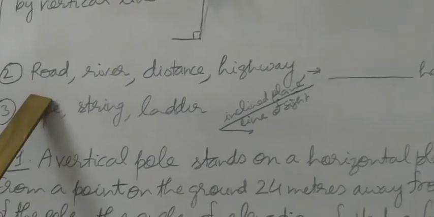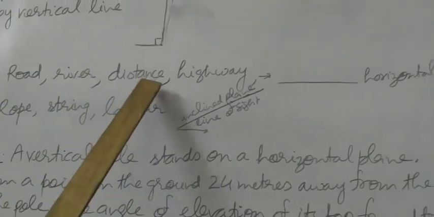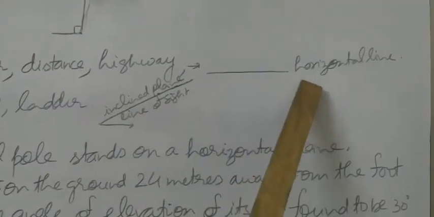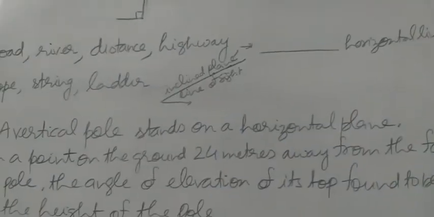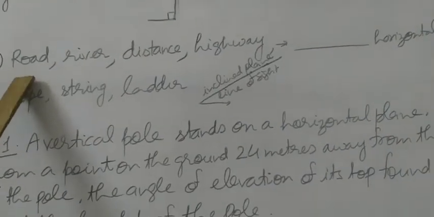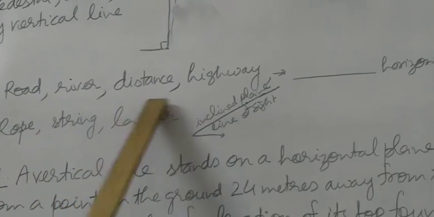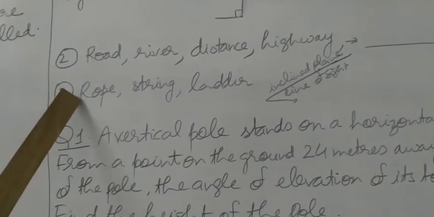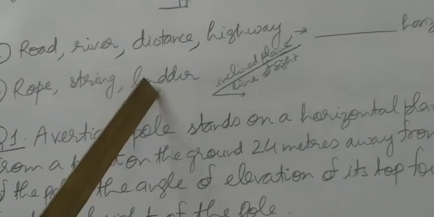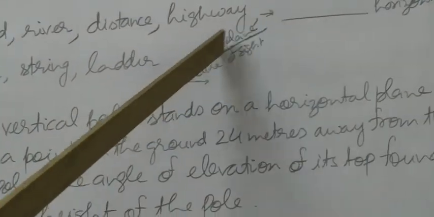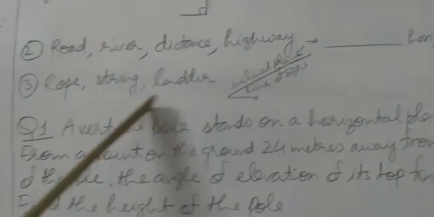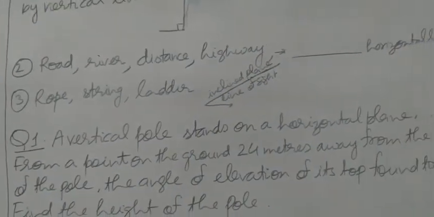Now students, if you want to draw a road, river, distance, highway, then we have to draw them by a horizontal line, because road is horizontal, river also, distance, highway. Okay, suppose you want to show rope, string, ladder, so by line of sight or by an inclined line we have to show them in the diagram.